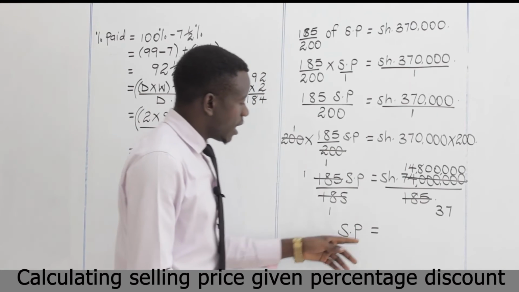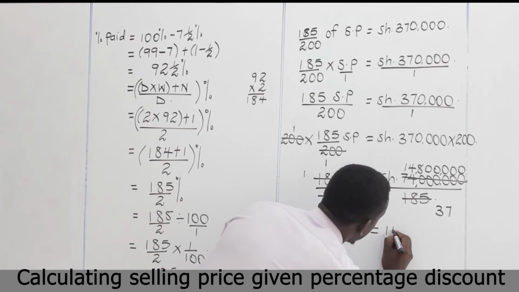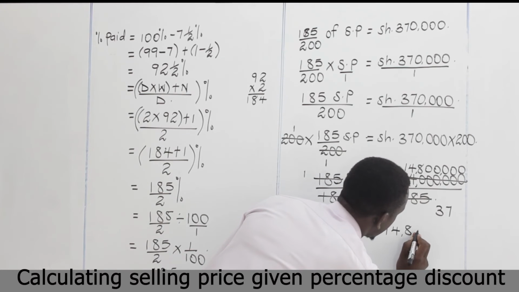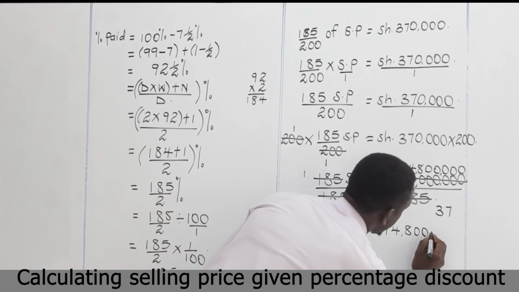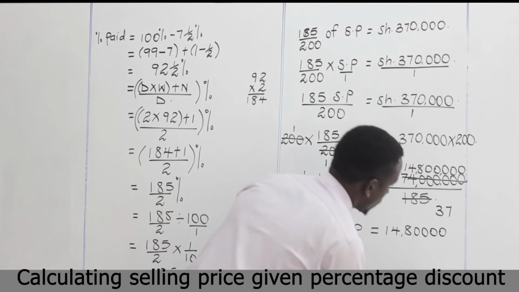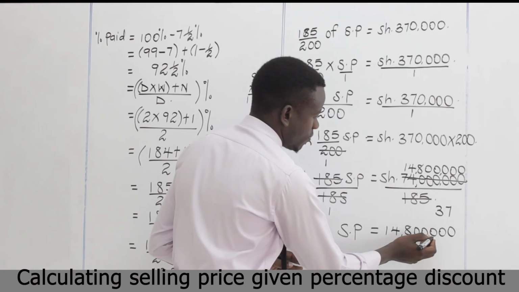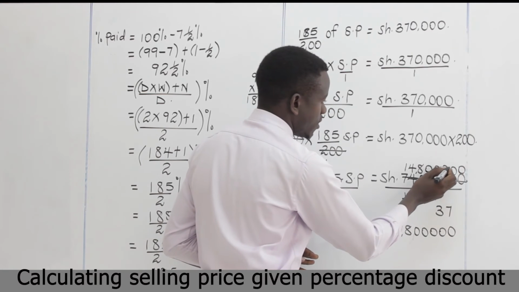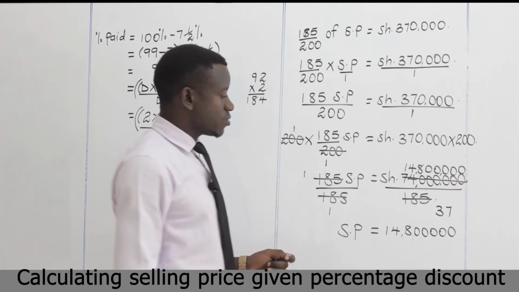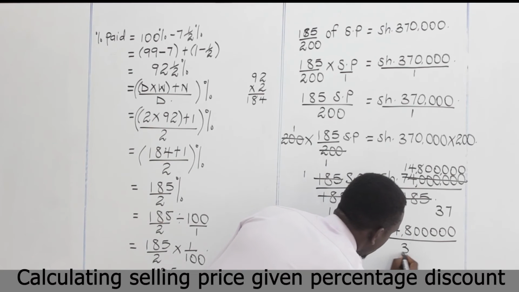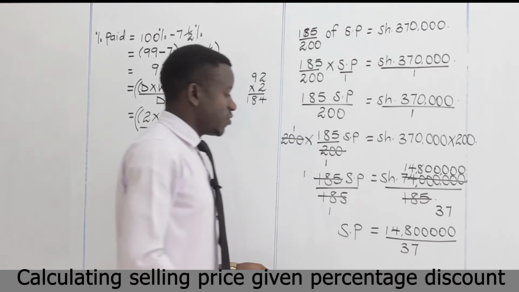Then from there we have 148 with 1, 2, 3, 4, 5 zeros. You check out with the zeros, then divided by 37 as our new fraction.